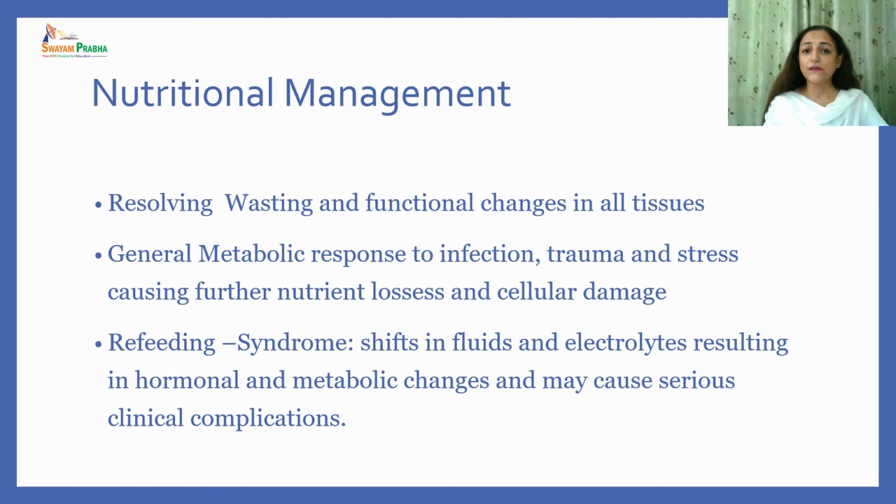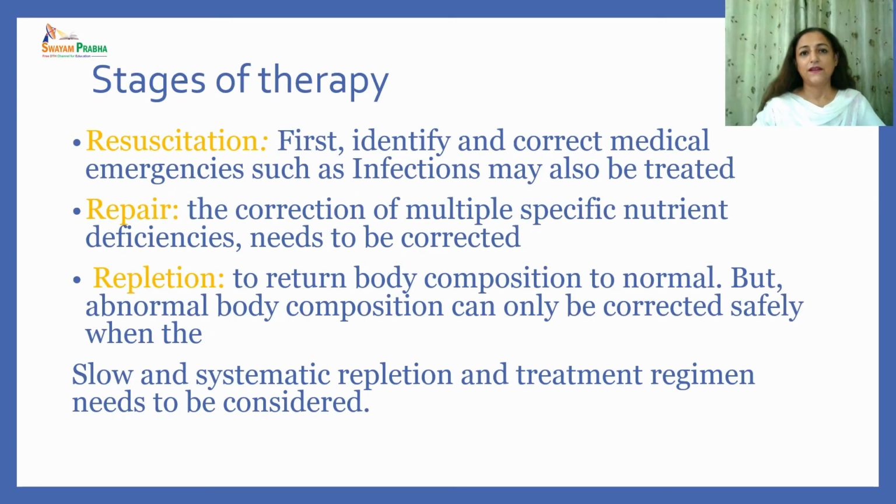Therefore, the nutritional management of a severe anorexic patient is different from that of a normal anorexic person. The treatment of an anorexic person is taken ahead with three consecutive phases in mind. The first phase is known as the resuscitation phase.